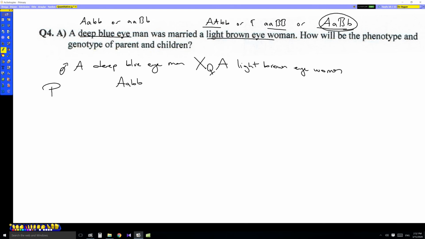For the woman, we said it is better to use the hybrid one, A capital, A small, B capital, B small. Hybrid for one trait produces two kinds of gamete, but hybrid for two traits produces four kinds of gamete.